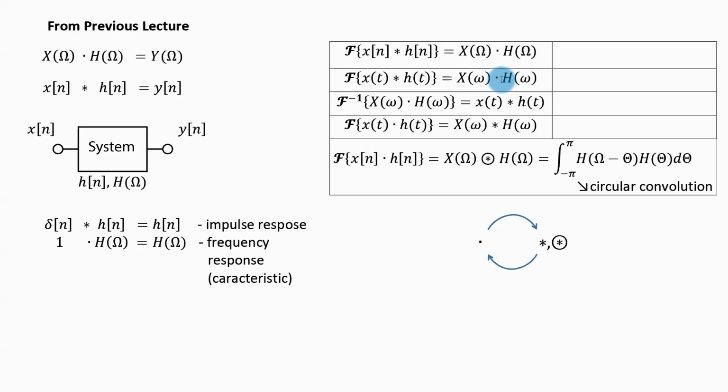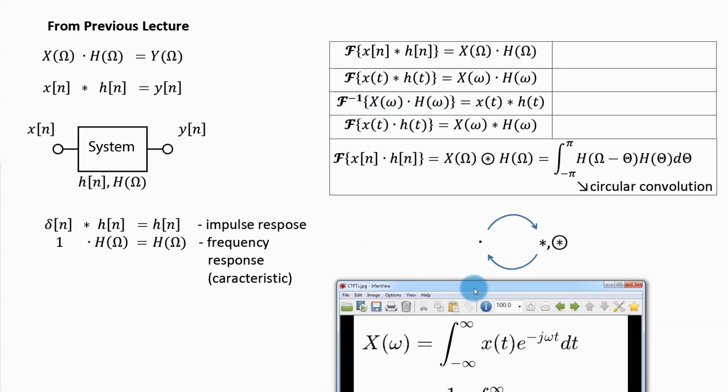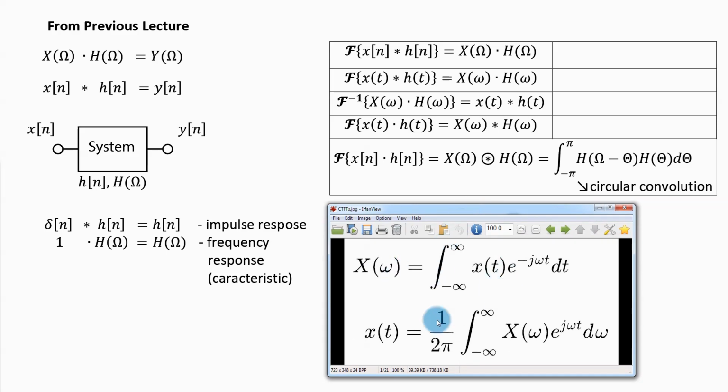Now you can say this in reverse. When in spectral domain I have multiplication, I will have convolution in the time domain. So the inverse Fourier transform of the multiplication is convolution. Now, do you remember those formulas for the forward and inverse Fourier transform? They are actually very similar.